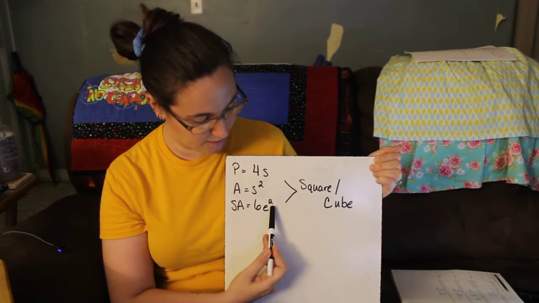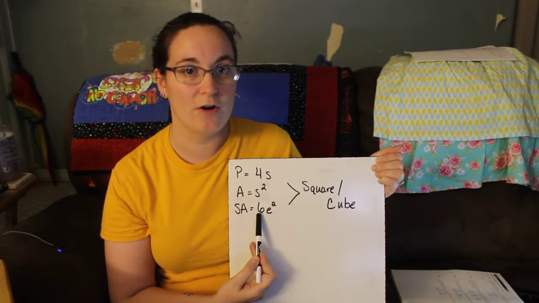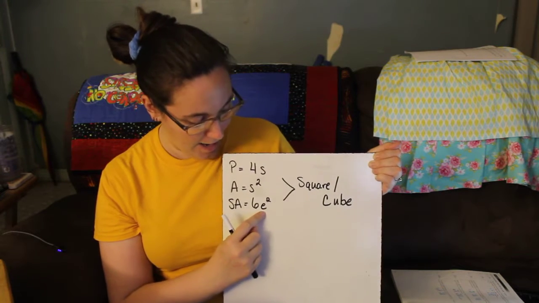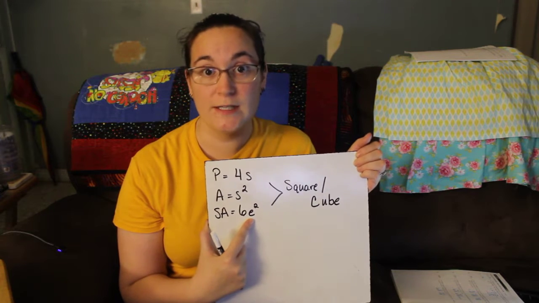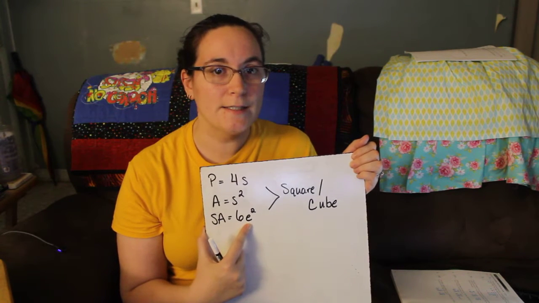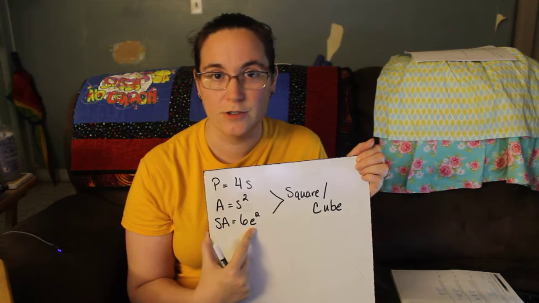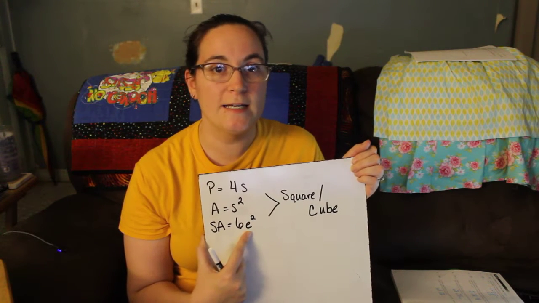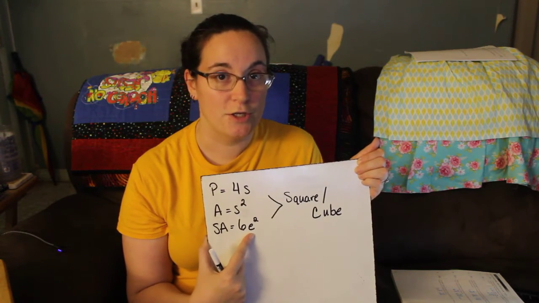Surface area, still squared, but we have to do it by 6 because we have 6 faces on our cube. Now, I oftentimes have written this as 6s squared, so 6s squared, because edges and sides, edges are basically the 3D version of our sides on our 2D shape. When the shape becomes 3D, it becomes an edge because there are now multiple faces attached to it.